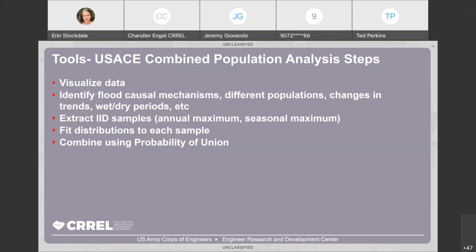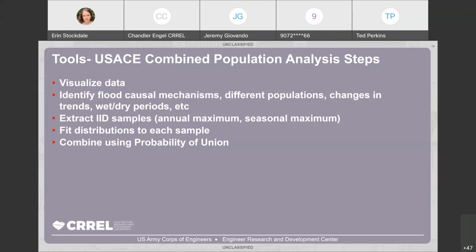So whether you're taking a block maxima based on an annual period or a seasonal period, if you're violating that independence and identically distributed assumption, then your probability relationship is likely not going to be quite right.